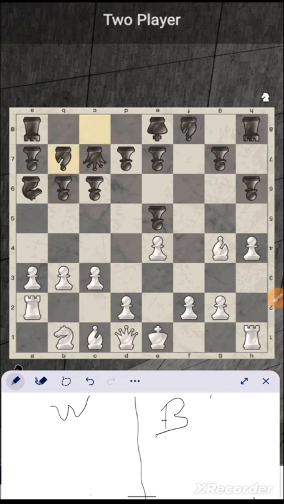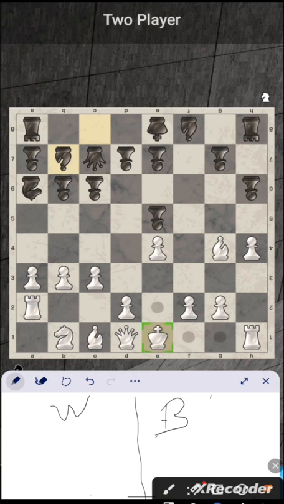So okay, now we will see the concept of castling. Two possibilities are there: king side castling and queen side castling. Castling is basically when you protect your king and put it in a kind of castle-like structure. In this situation, white will do king side castling.